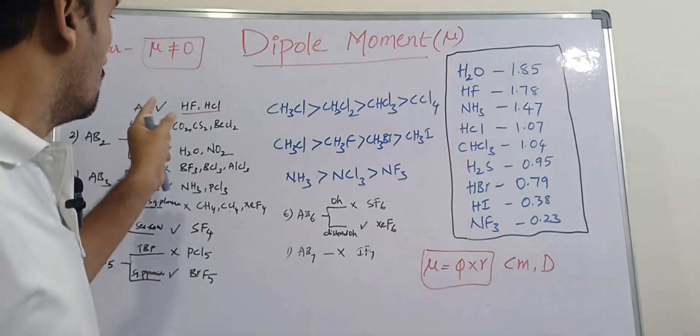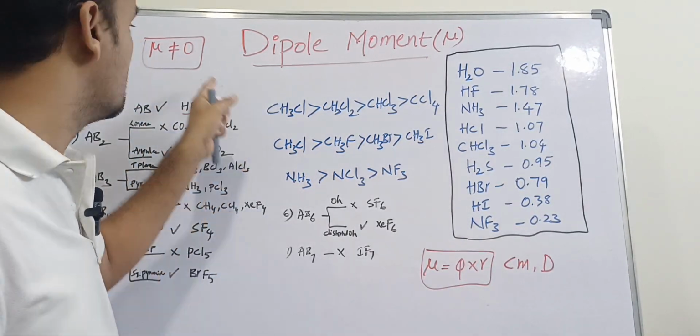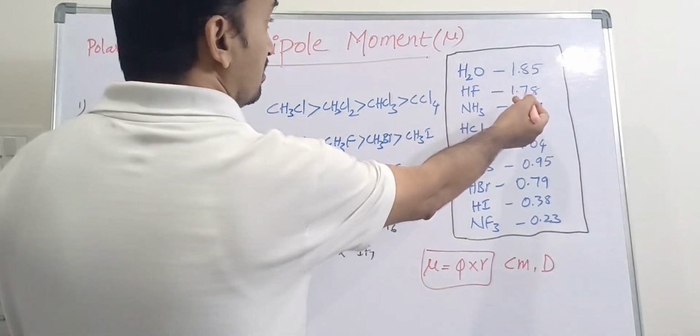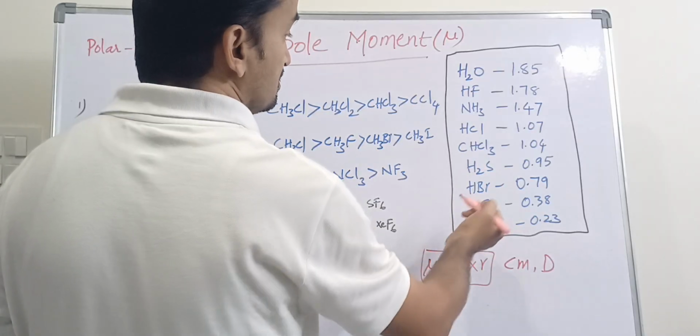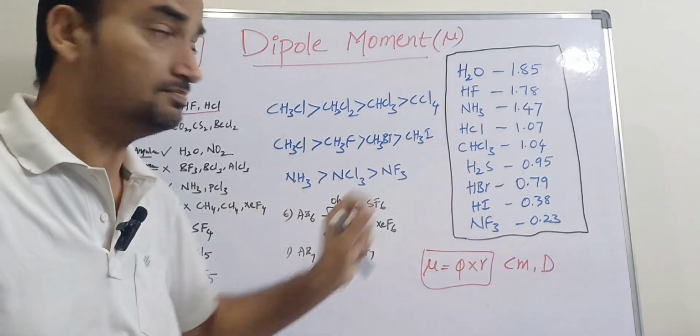For AB type molecules, HF, HCl, HBr, all have mu not equal to 0. That's why we see some values: HF has 1.78 Debye units, HBr 0.7 and HI 0.38. The variation we'll discuss later.